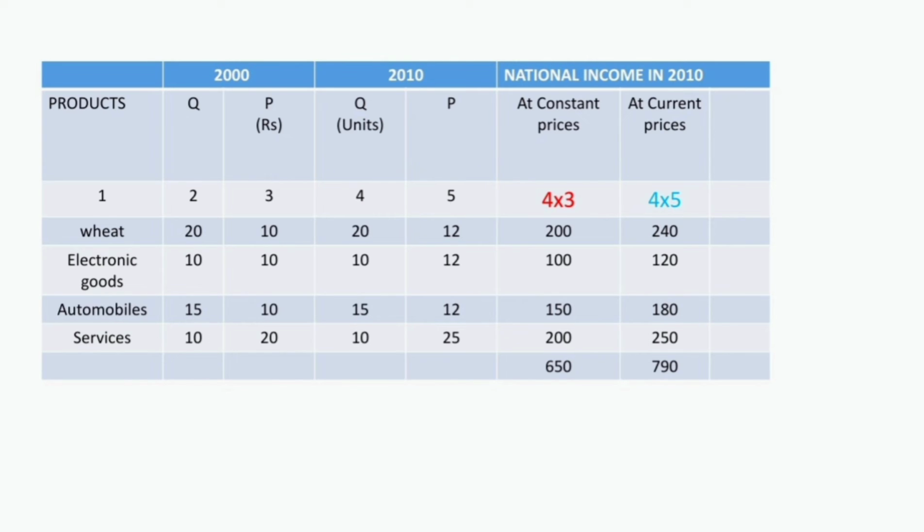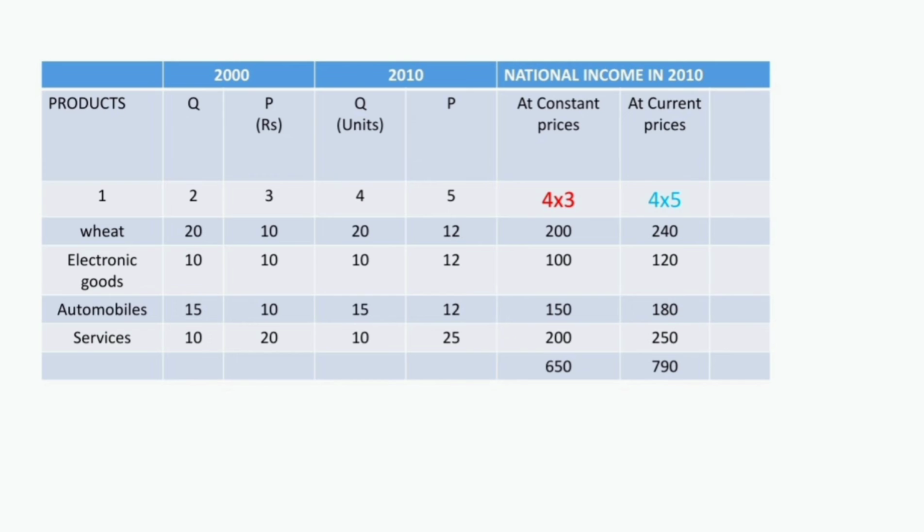Electronic goods 10 units, and in 2010 also 10 units. Automobiles 15 units, and in 2010 also 15 units. Services 10 units, and in 2010, the current year, also 10 units. So, there is no change in the quantity of the product.